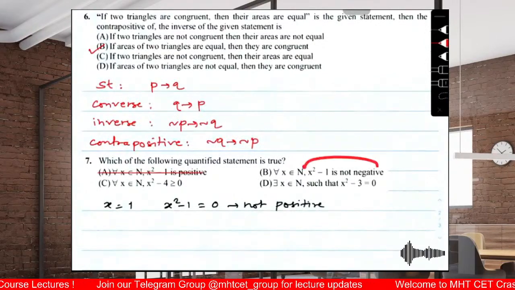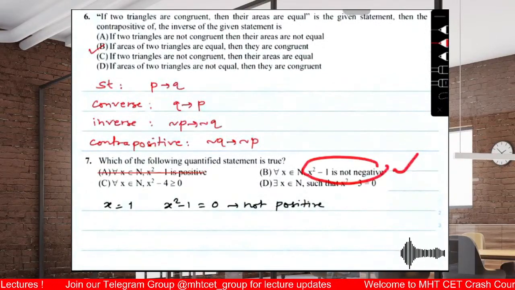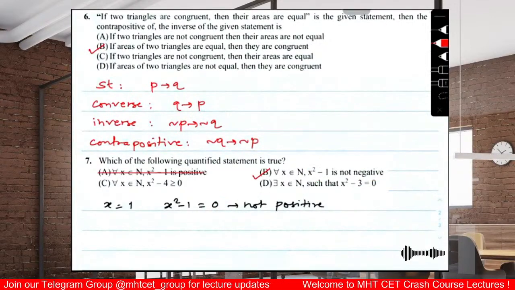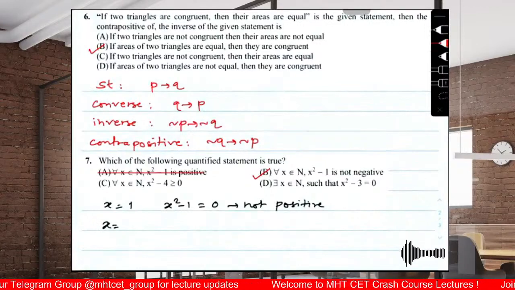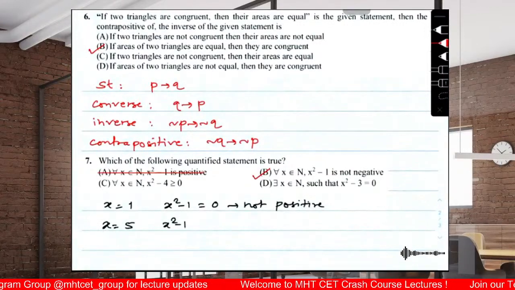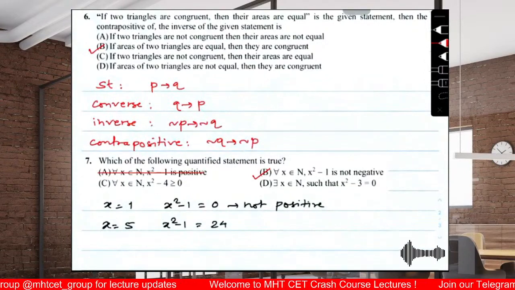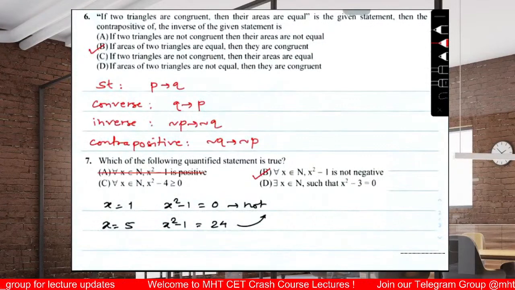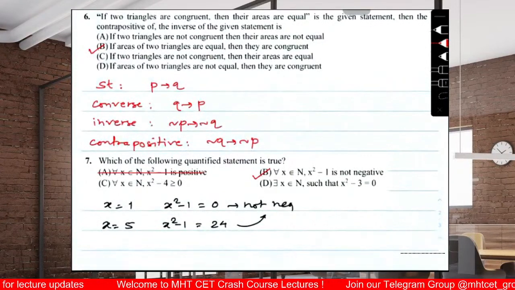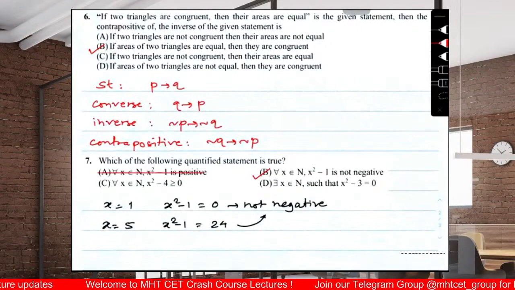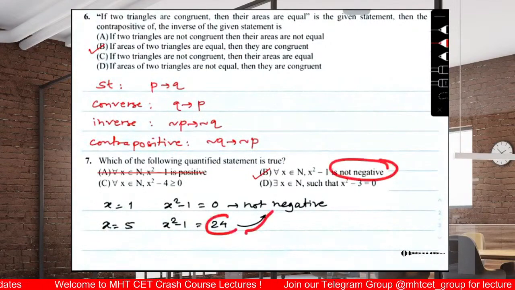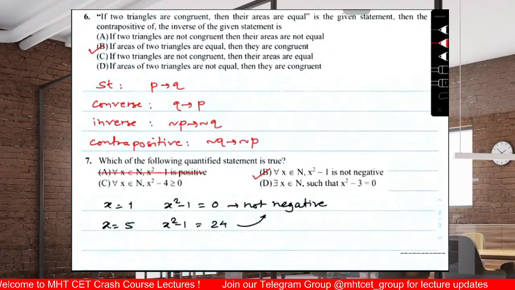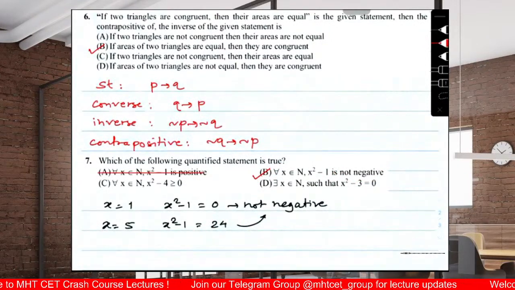Second, x square minus 1 is non-negative, तो ये देखा हमने, 0 is non-negative, ठीक है, so B सही। And it will be true for all, ठीक है, x equal to suppose 5 लेता हूँ मैं, then x square minus 1 will be 24, which is also non-negative. So B satisfies all. Right?